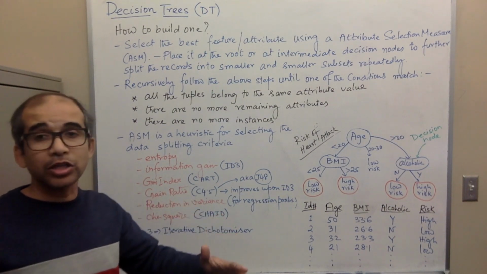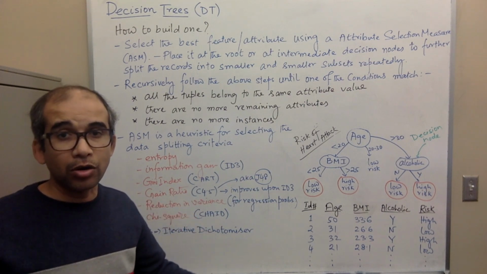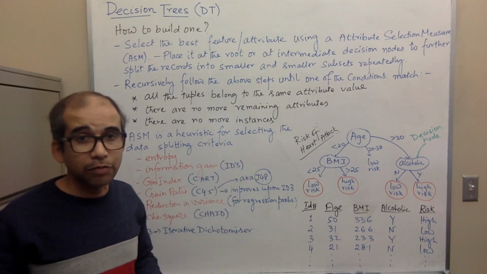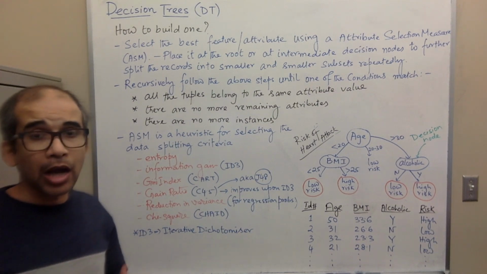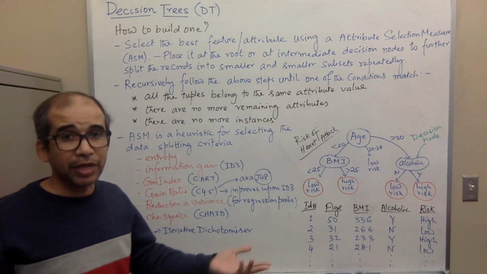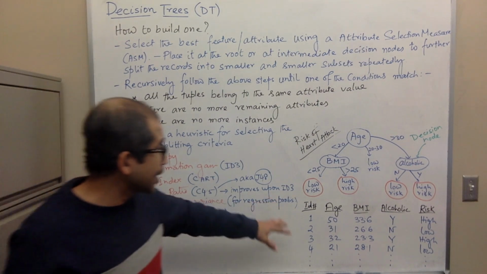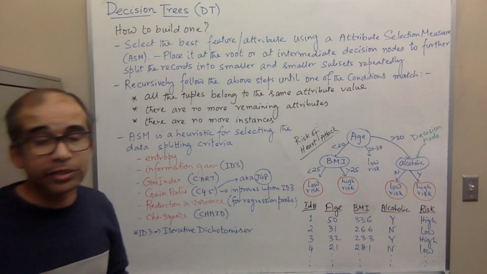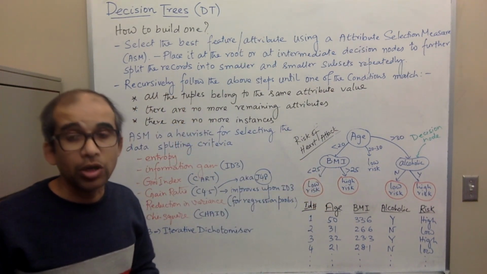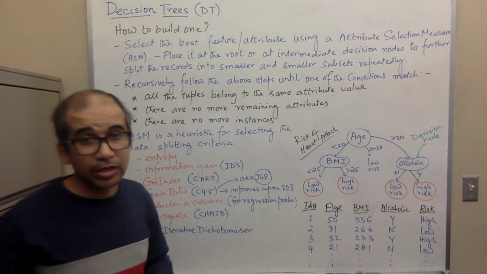Then we further split the data into subsets and grow the tree, bigger and bigger, deeper and deeper. We recursively follow this procedure until one of the conditions is met, like all the tuples belong to the same attribute value. That means whatever records are under that all come to low risk, and then we don't split it anymore. We know these are similar persons with the same outcome.